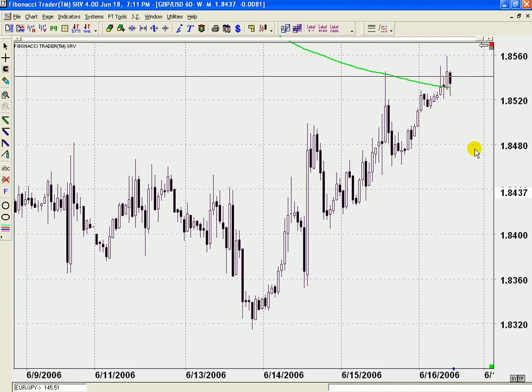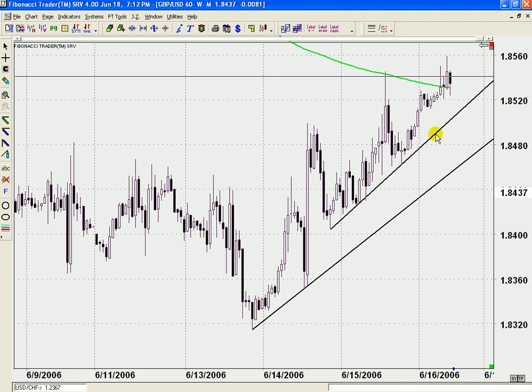Now what we're going to do is walk through and see what is happening and what sort of formations are coming to fruition here. Let's just map out what is happening. Here we have a trend line, and let's draw another trend line over here on these lows right here.